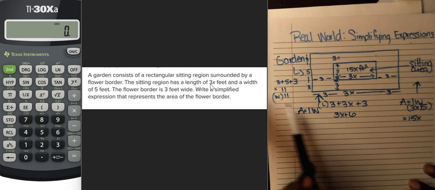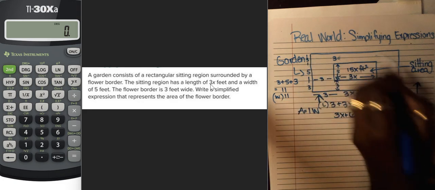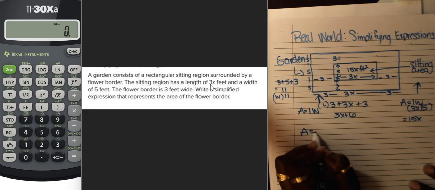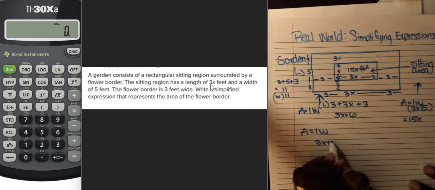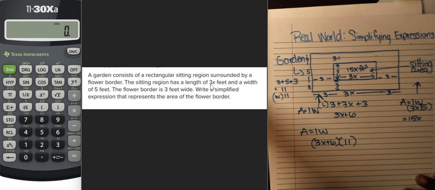Okay, so now we have the length and we also have the width. So what is the area of the entire shape? Well, the area of the entire shape is going to be area is equal to length times width. Our length is 3x plus 6, and then our width is going to be 11. So we're going to multiply those. And so what do we get? Well, remember the distributive property, right?